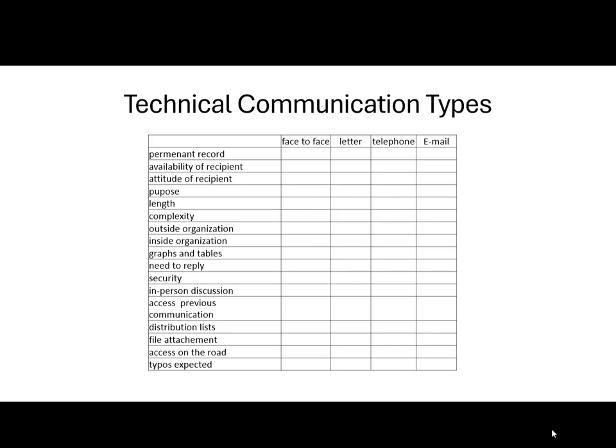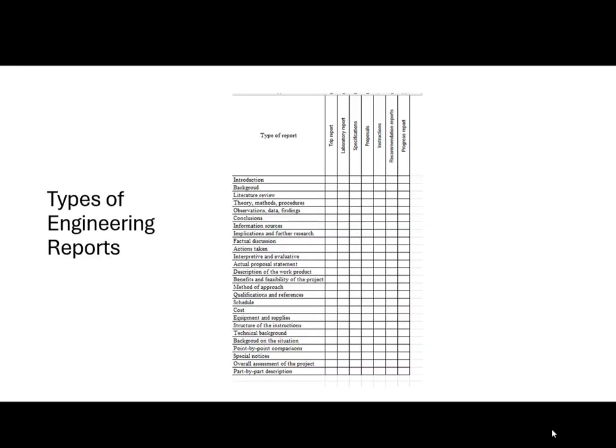We have 4 types of technical communication, either face-to-face, letter, phone, or email, and these are the description of what we want to do with communication, and the exercise or the question here trying to see what is the best type of communication that satisfies the description in the first column.